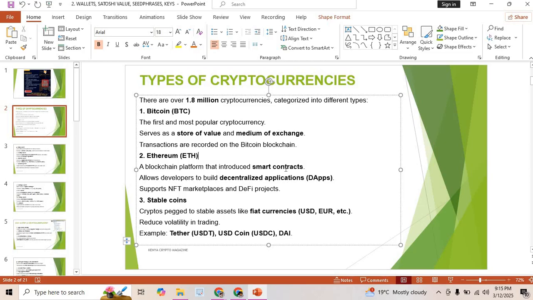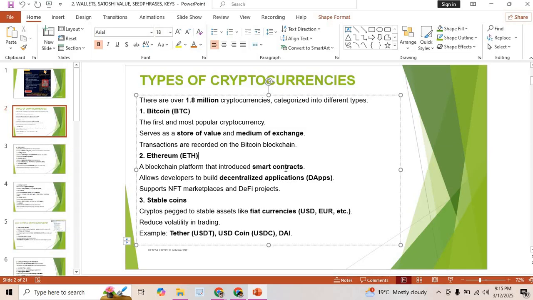Number 3 is stable coins. Stable coins are cryptos that are pegged to stable assets like fiat currencies. What did we say fiat currencies are, someone? Let's have someone. What are fiat currencies? Joseph?